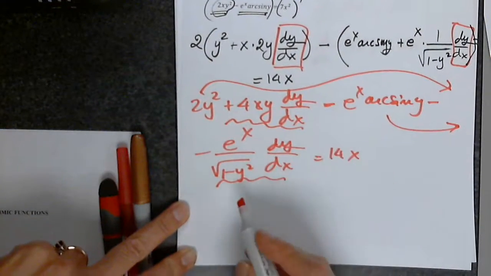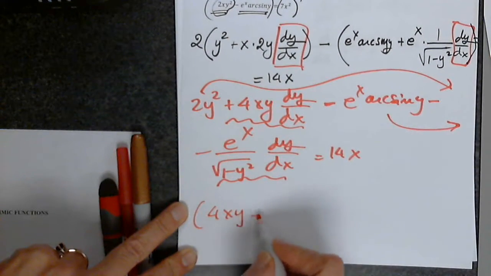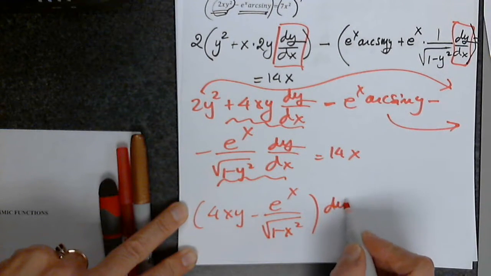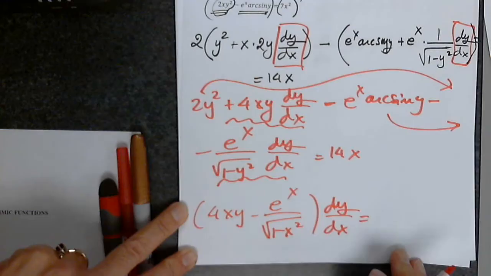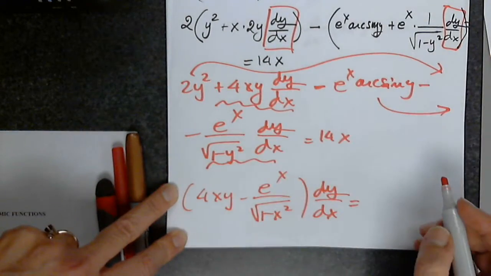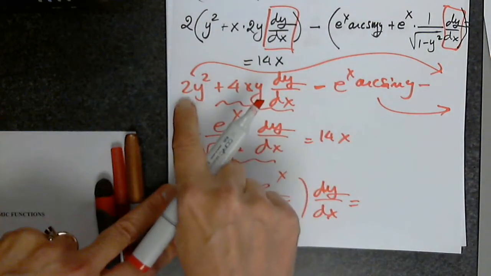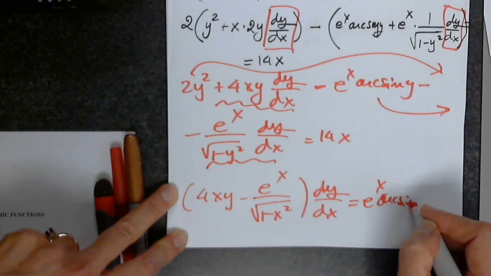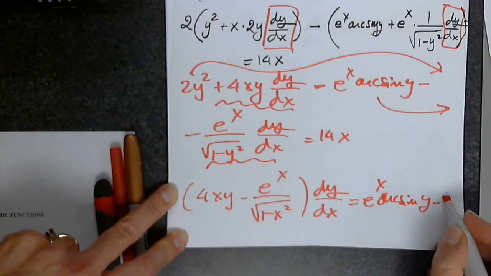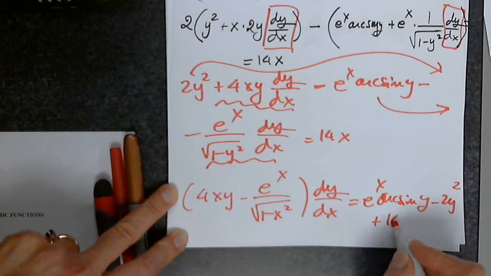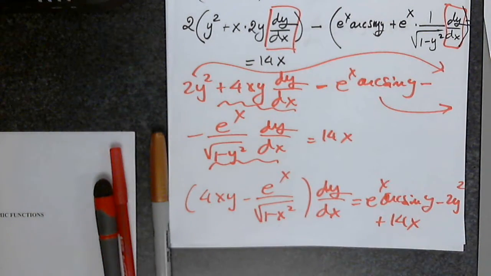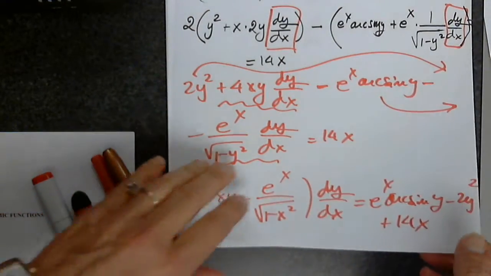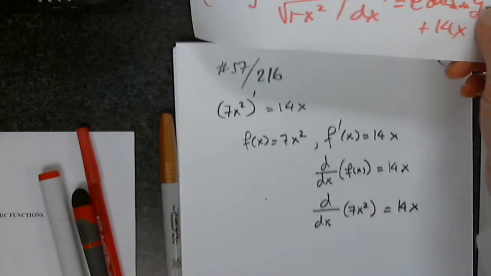So I will factor out dy over dx, and I have 4xy minus e to the x square root of 1 minus x squared dy over dx equals, these become positive. No, I'm sorry, this becomes positive, e to the x arc sine y minus 2y squared plus 14x. And final step, this over this. And I will not bother with it any further.